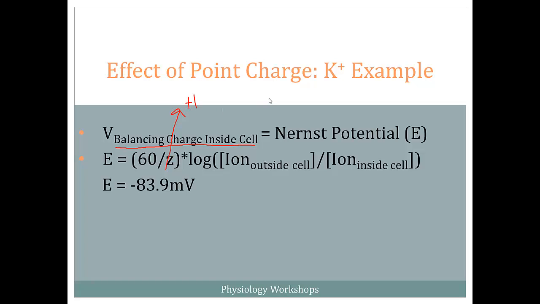And we multiply that by the log of the ion concentration outside the cell, which is 4 milliequivalents per liter, and the ion concentration inside is 100 milliequivalents per liter. And that gives us a Nernst potential of negative 83.9 millivolts.